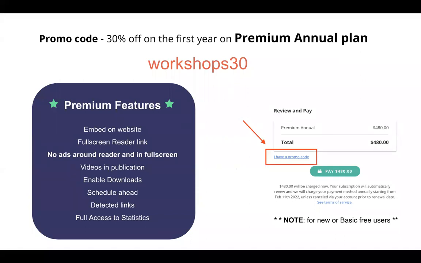You also have no ads around the reader and in full screen, so no popping up advertisement. That's again premium plan. Videos directly on the pages of the publication, so they play directly on the page. You can enable downloading. You can schedule your publication ahead, and you have the detected links feature available. It can detect all the website links and email addresses.